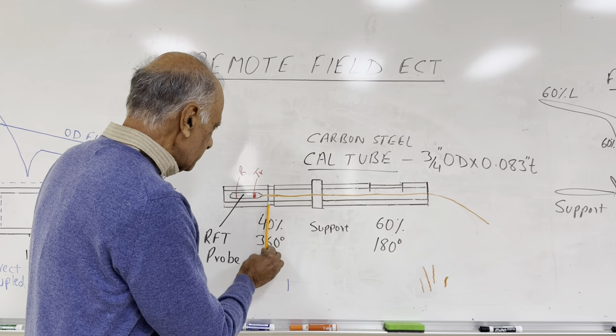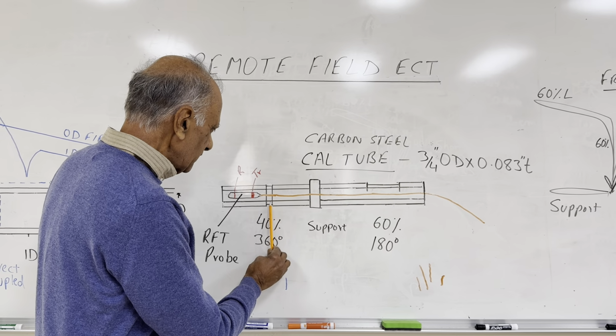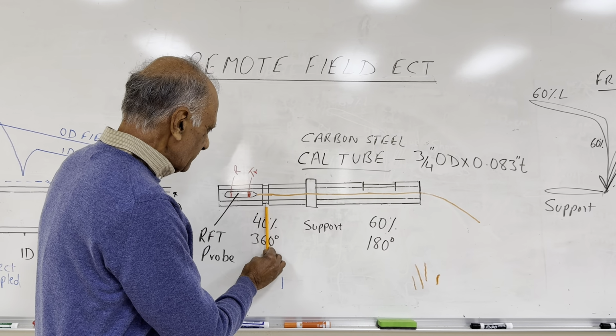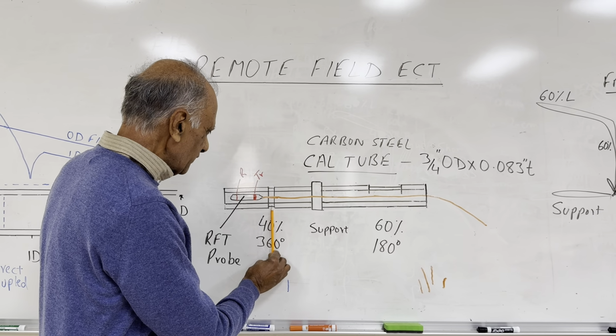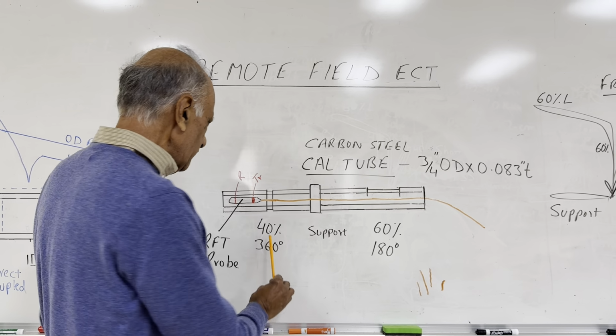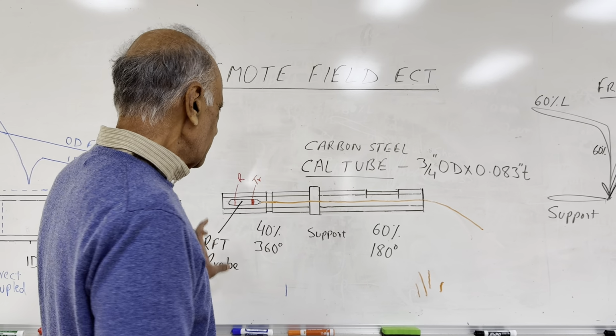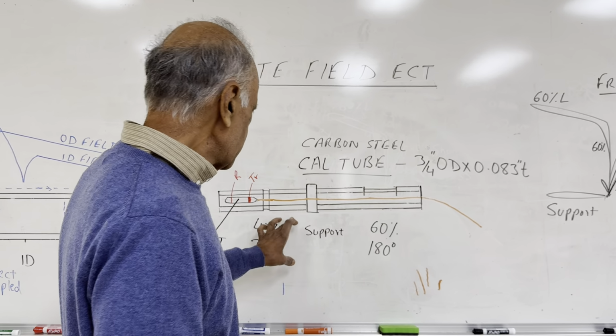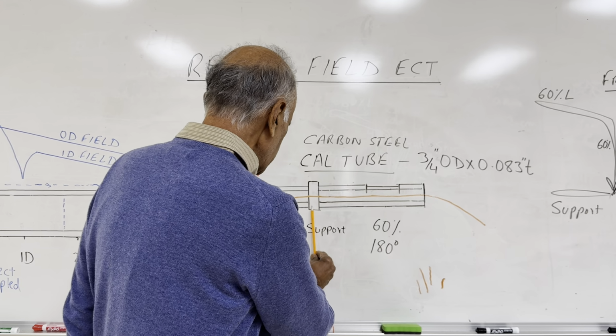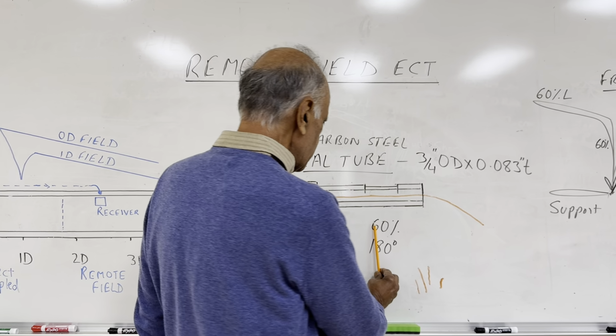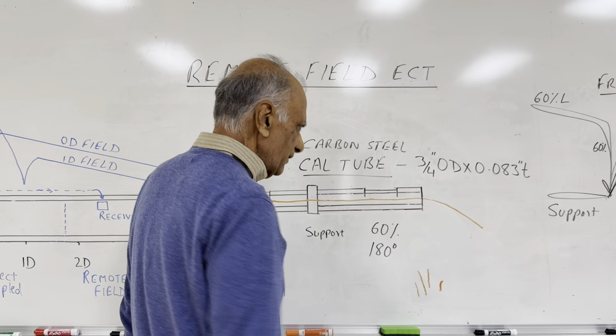So we're going to pull this, and first we're going to see this concentric groove, which is 40%, 360 degrees, and this is how it works. And then we have the support signal, and then we will have 60% deep, 180 degrees.